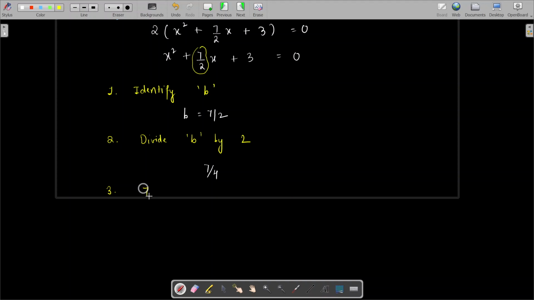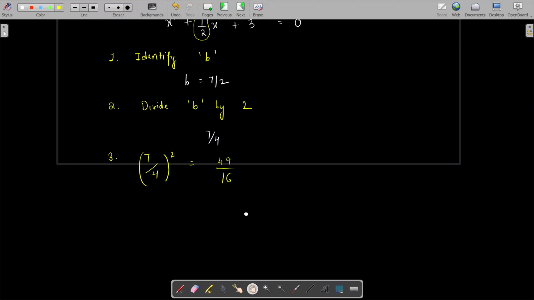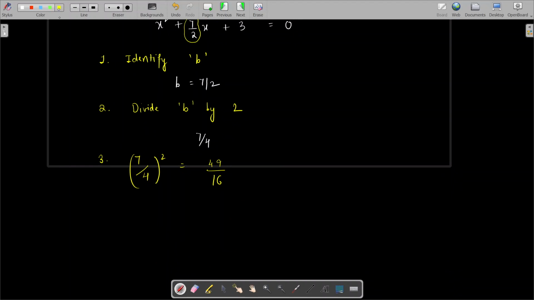So 7 over 4 whole squared is 49 over 16. This is your b over 2 whole squared. First step, find b. Second step, divide b by 2. Third step, square b over 2.